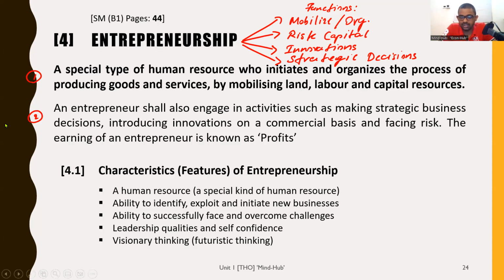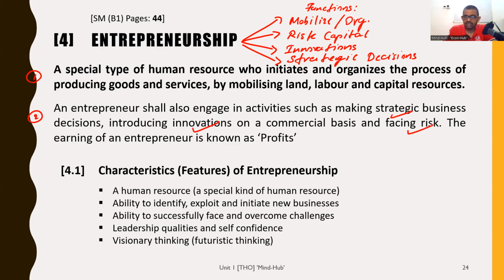Okay, proper definitions. An entrepreneur shall also engage in, now when I say also, in addition to that mobilizing resources, organizing the production process part, right? Engage in activities such as making strategic, remember the word, strategic business decisions, introducing innovations on a commercial basis, right?